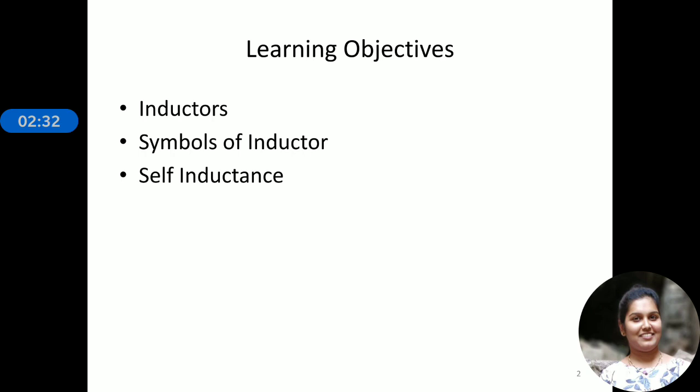So this results in a relationship between current and magnetic flux direction, and this relationship is Fleming's right hand rule, right? So the relationship between the current and magnetic flux is given by Fleming's right hand rule, and this point we have discussed while we were studying electrostatics. Okay, so the same concepts will be applicable here also for the inductors.